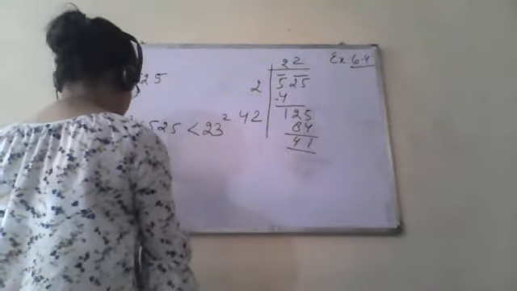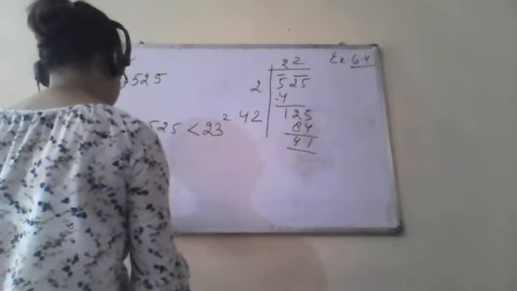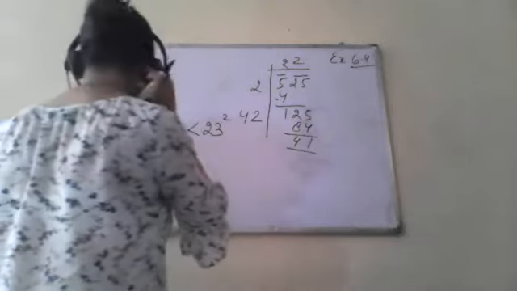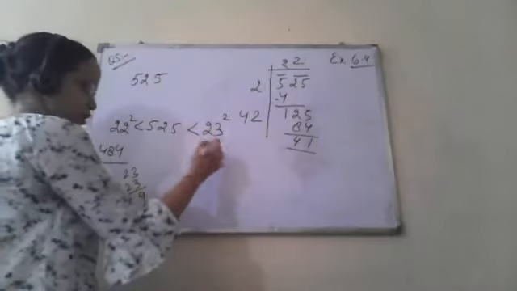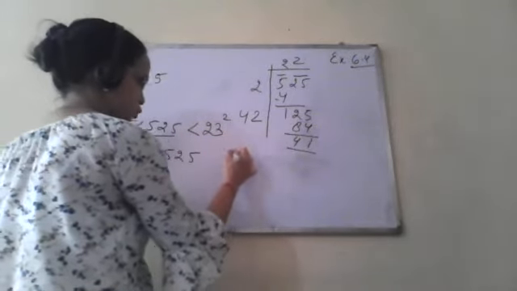The square of 23 will be 529. Yes, so this is 525 and the square of 23 is 529.